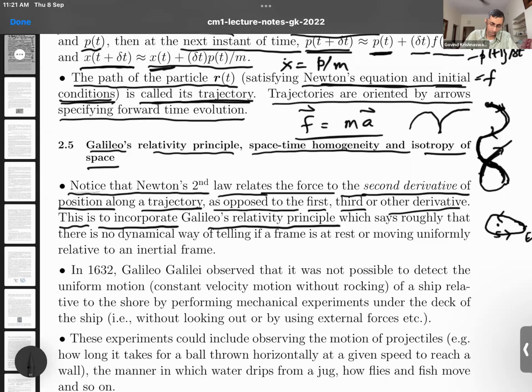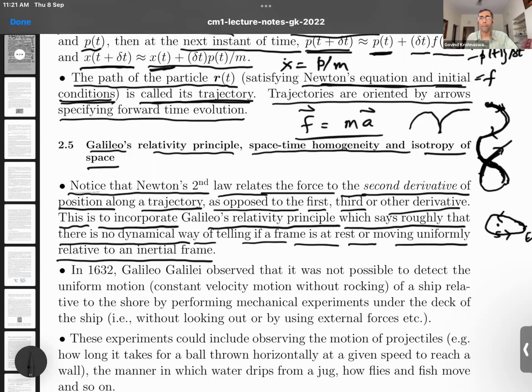Very roughly, Galileo's relativity principle says that there is no dynamical way, and I will mention what I mean by dynamical way, basically through doing mechanical experiments, there is no dynamical way of telling if a frame is at rest or moving uniformly relative to an inertial frame.